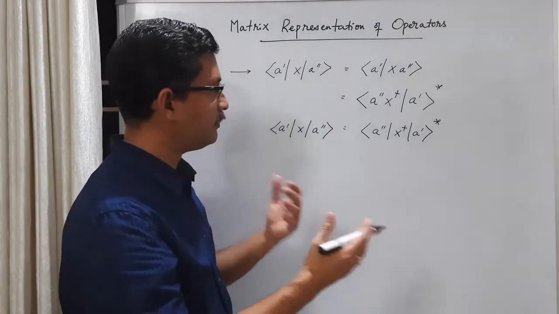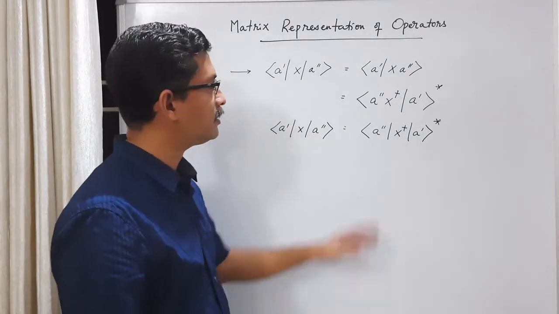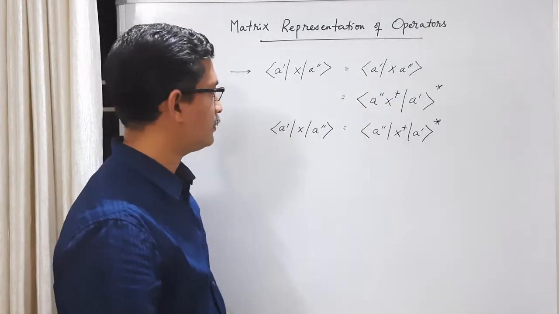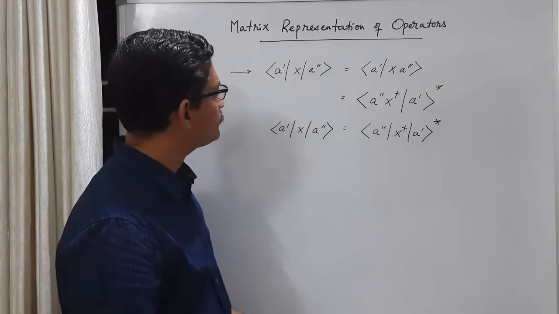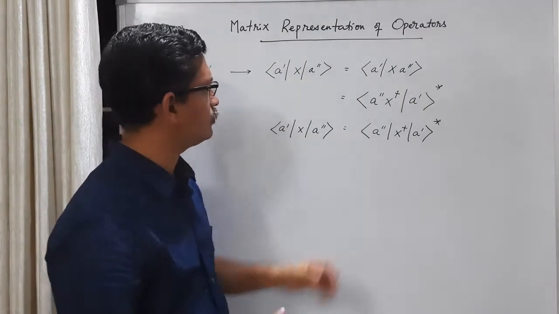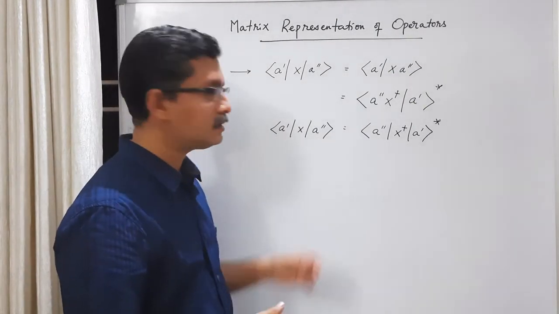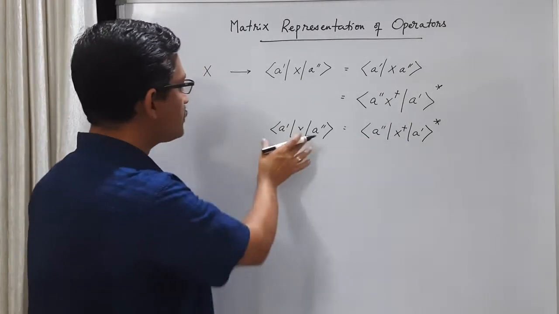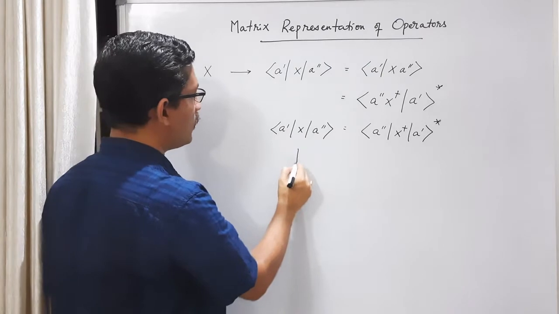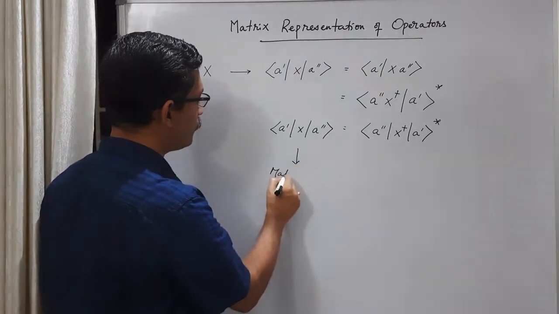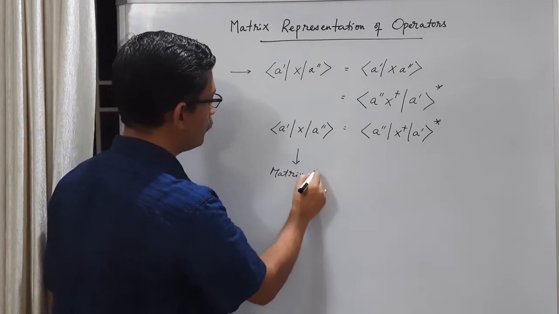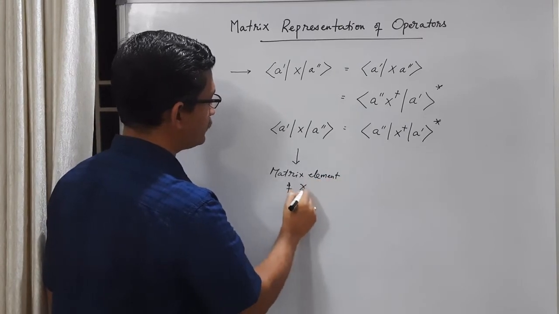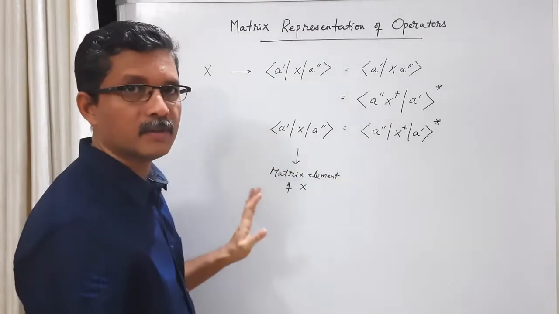So what we have done is we have just interchanged the two vectors, but in this process this operator becomes its Hermitian adjoint. Now let us look at these two. This is a matrix element, this is also a matrix element. Let us compare them. This is the matrix element of operator x in the given basis.